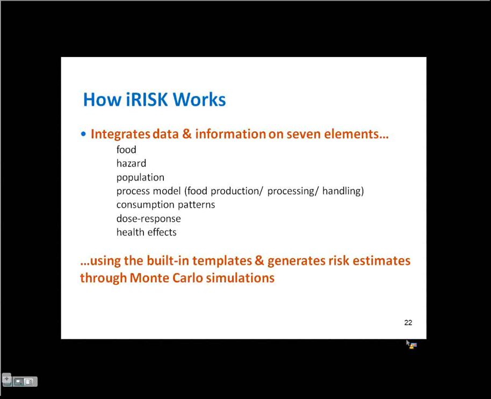The data inputs can be point values, but most often will be probabilistic in nature, with a range of values represented by a distribution. Behind the scenes, iRISK integrates the data and generates results through Monte Carlo simulations.